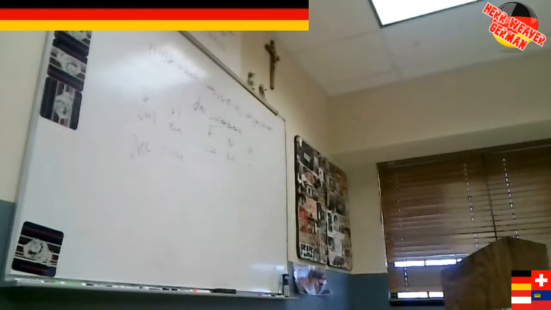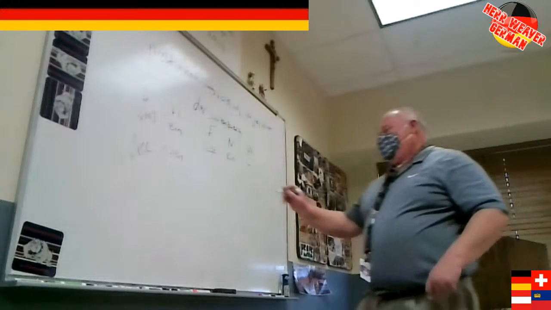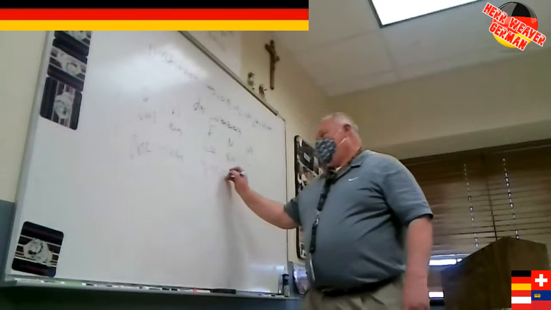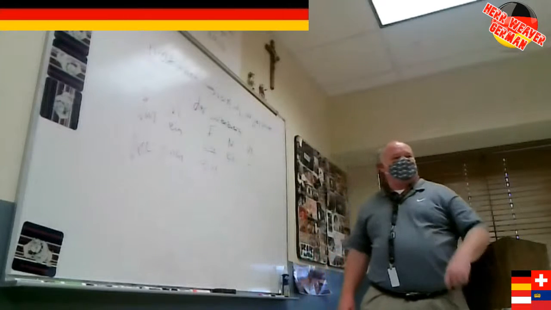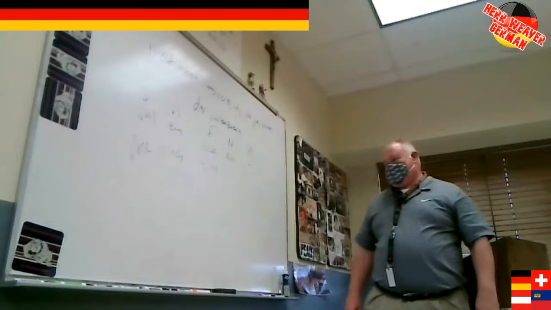They all begin with ein. The accusative feminine, what's the little word there above it? Eine. So it's the same as the nominative, right? And what about neuter? What happens to neuter? Ein stays. I'm giving you the answer.